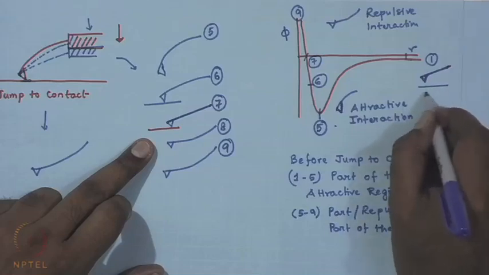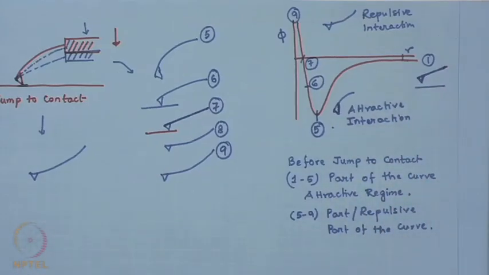In position 1, there was no interaction between the surface and the cantilever tip, no attraction and no repulsion. But at position 7, the net deflection on the cantilever is again 0, because the attractive component now balances or matches exactly the repulsive component of the deflection.